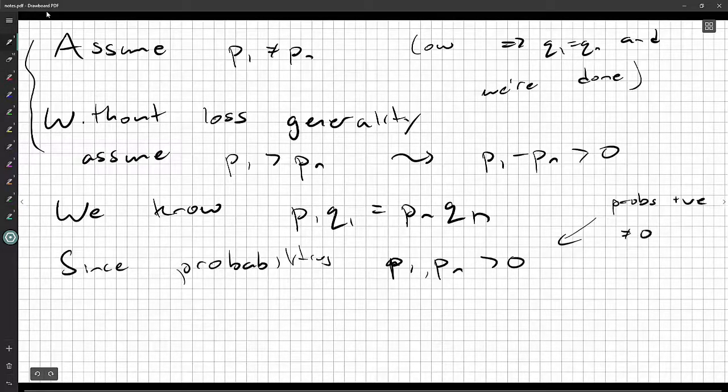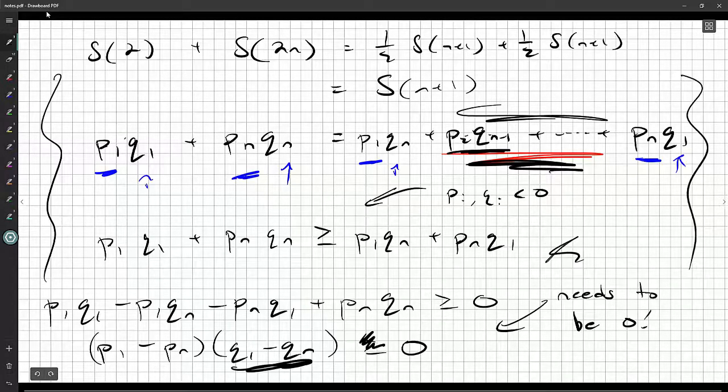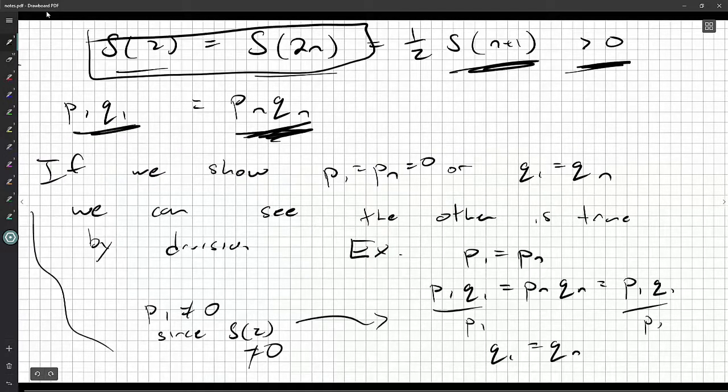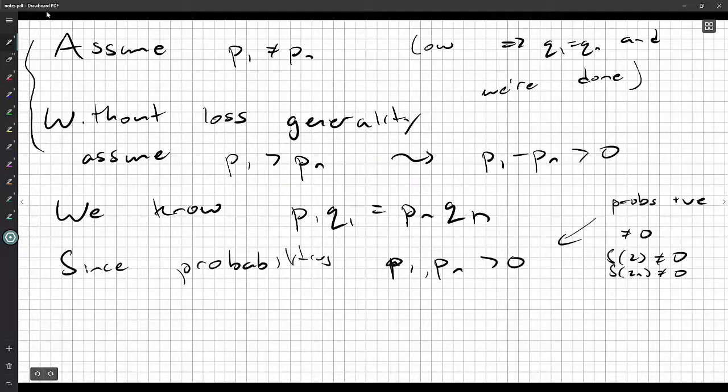And these ones can't be 0 because S2 isn't 0, which is something we've already used. If P1 were 0 or Pn were 0, then they would be 0, and so S7 or Sn plus 1 would have to be 0, but we've already been told it's positive. So we're really making use of that positive thing to ignore probabilities potentially being 0.